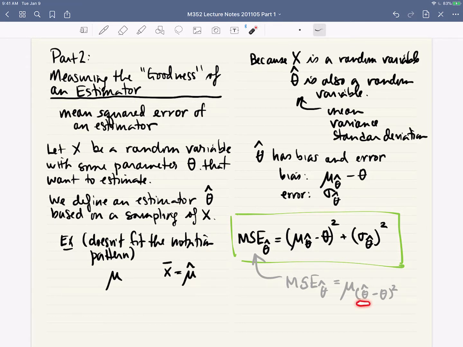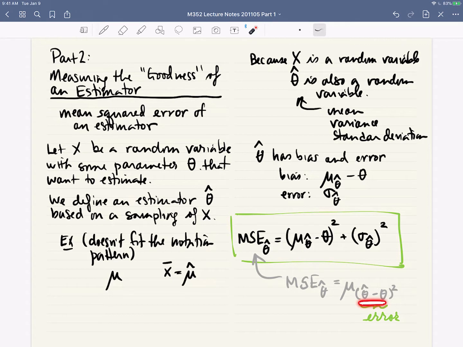So this is a random variable. We shift it to the left or right by the value of the parameter. We square that random variable and we ask what's the mean. So the formula for this is exactly the same as the formula for this. But it's the second one that gives this formula its name, mean squared error.